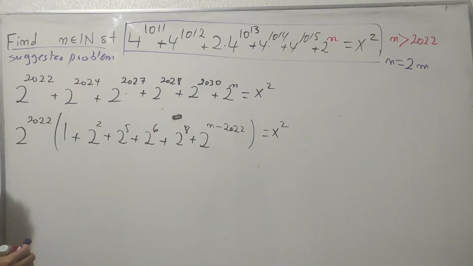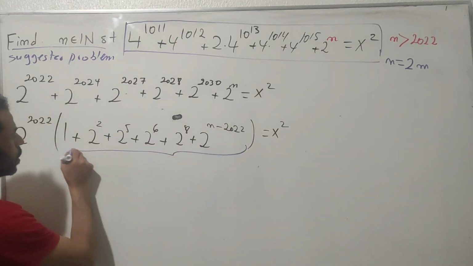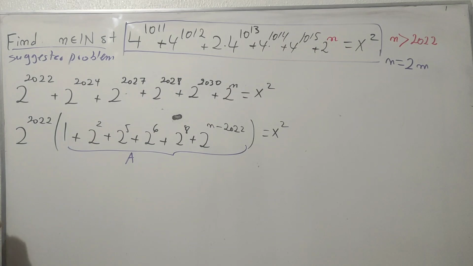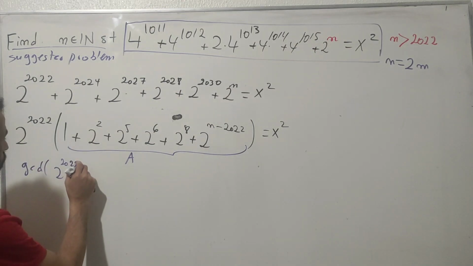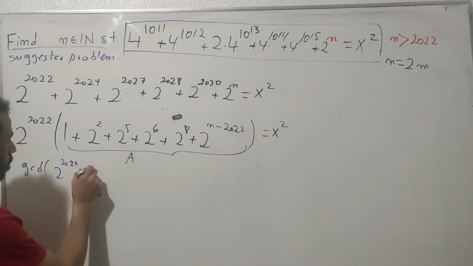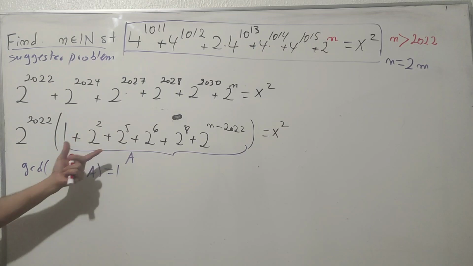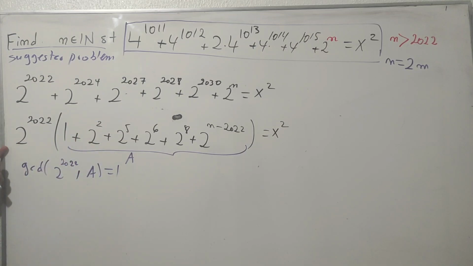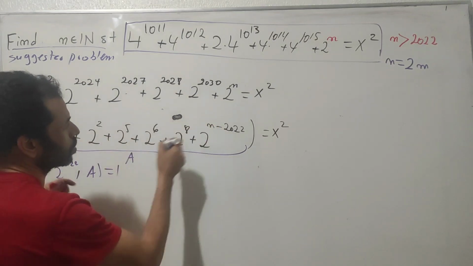Here is the thing. Let's call this one capital A. We know the GCD of the power of 2 and this capital A equals 1, because this one is odd and this one is a power of 2. Which means this one is a perfect square, and also this one is a perfect square.